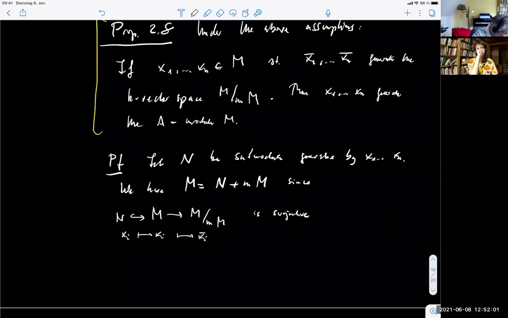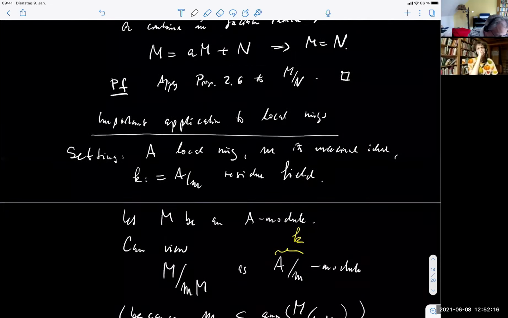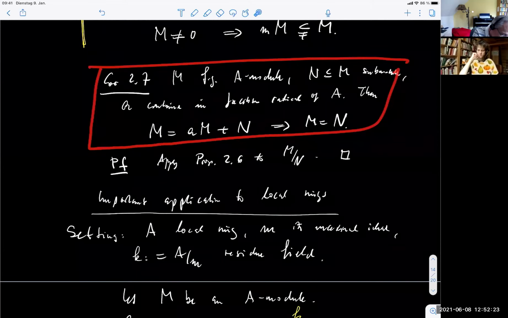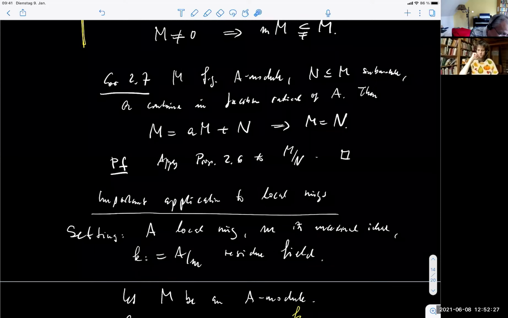Now I apply my Corollary 2.7. And this gives me, hopefully, M equals N. Maybe let's go back to check in case we have forgotten. The point is, I just apply this where A is the maximal ideal in my local ring, so I'm in the Jacobson radical.